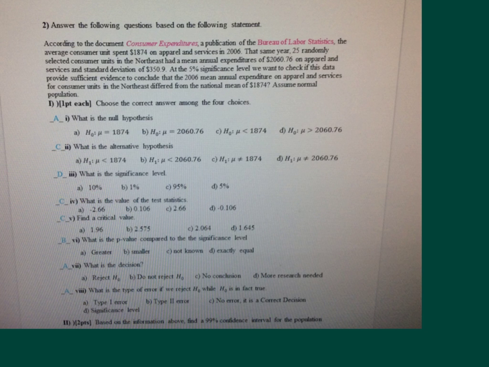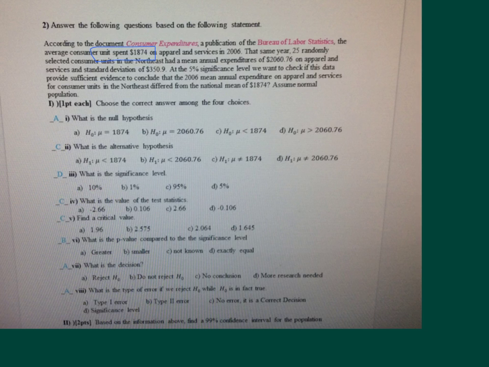Okay, I'm having a little bit of trouble with bringing the whole document into this app that I use, so I took a picture of the next question, and I've got it here on this screen. And again, when you read this question over, they're talking about a population average. The average consumer unit spent $1,874.